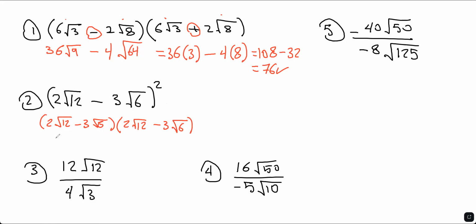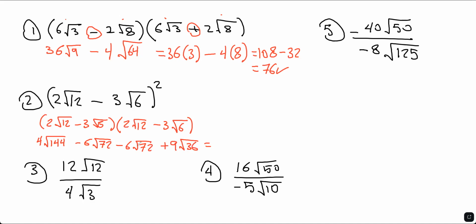If you FOIL this into this, you get 4 square root of 144. Then this into this, you get minus 6 root 72. Now this into this, you get again minus 6 root 72. And then last and last, you get plus 9 root 36.